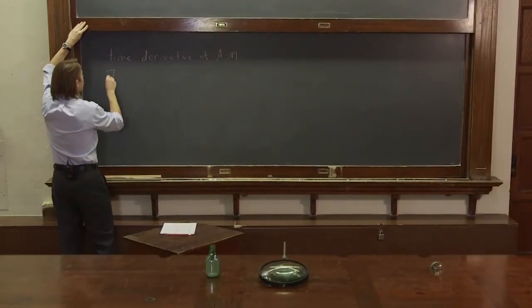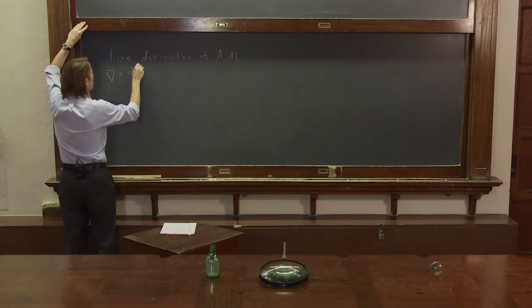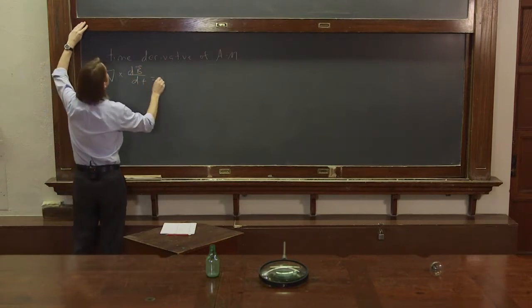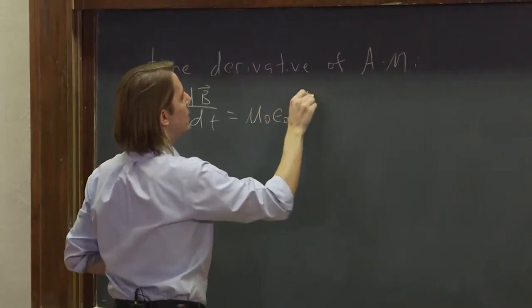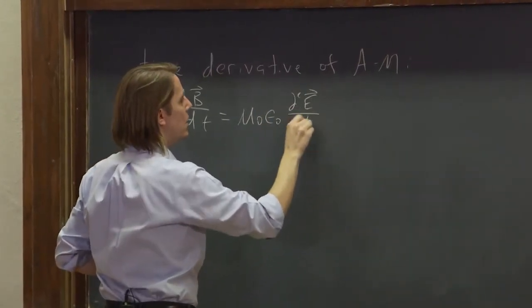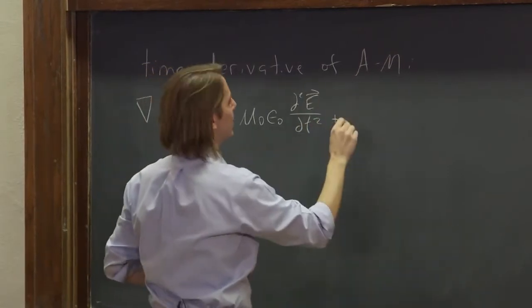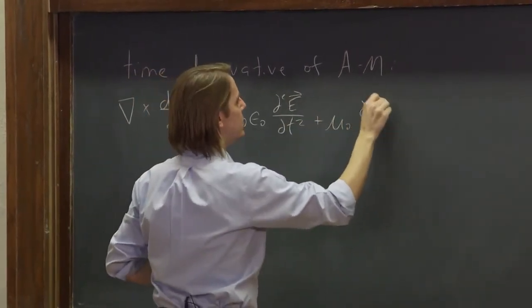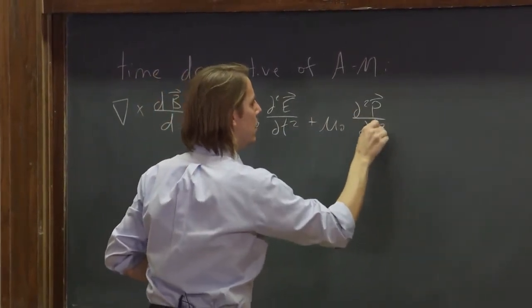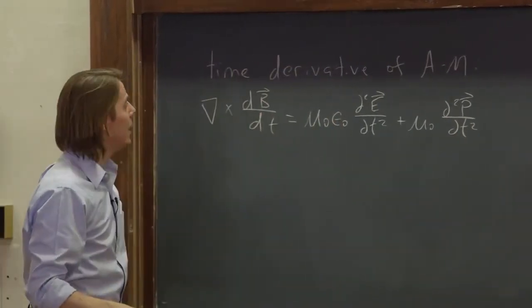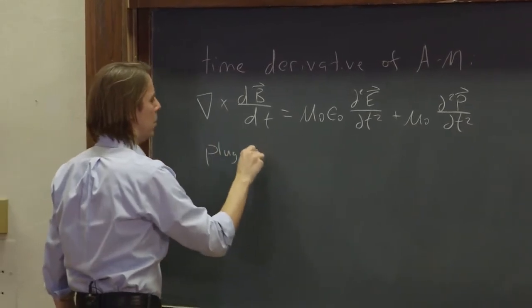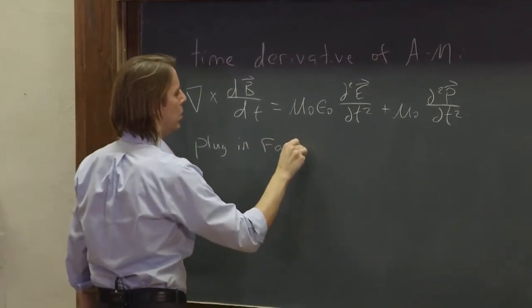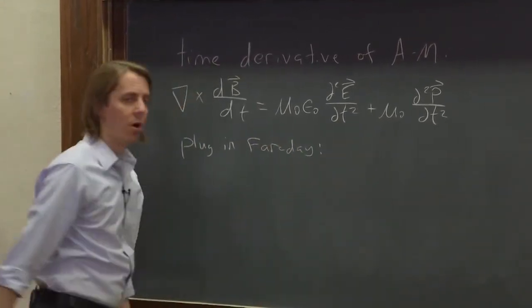So it's del cross dB/dt equals mu naught epsilon naught d²E/dt² plus mu naught d²P/dt². And then we plug in Faraday's law.